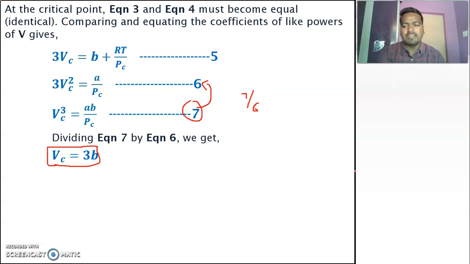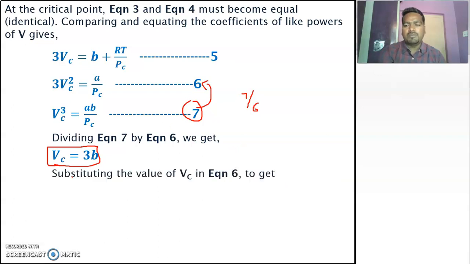Then substitute the value of Vc in equation 6. So we know 3 into Vc square, and the value of Vc is 3B. If you square this, it becomes 9B square. So 9B square is equal to A divided by PC.